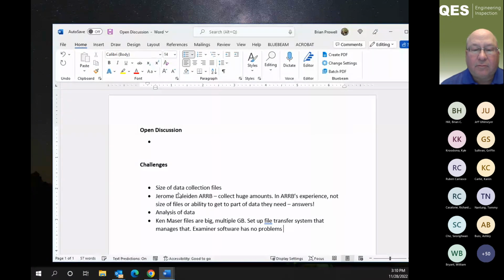So, Ken, I'm guessing from that Examiner is designed in a manner to handle the database so it doesn't get bogged down. Using spreadsheets with large volumes of data, they tend to get bogged down, and you struggle even to scroll through the data. Yeah. Examiner seems to be well designed, and I think early on the folks at Contour recognized that they had to address this issue.